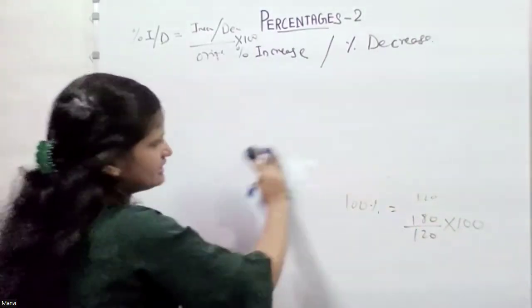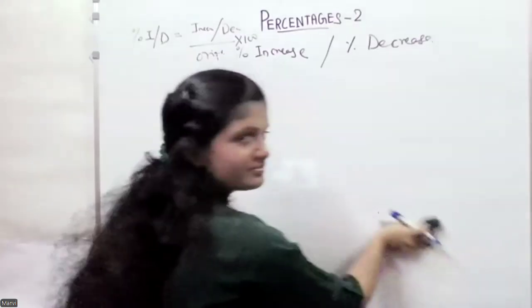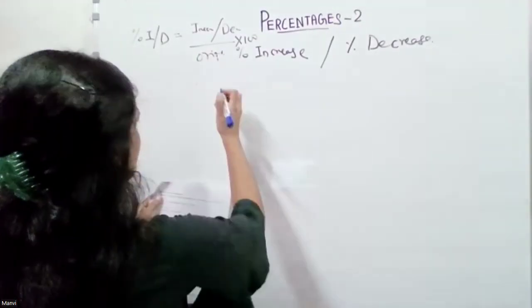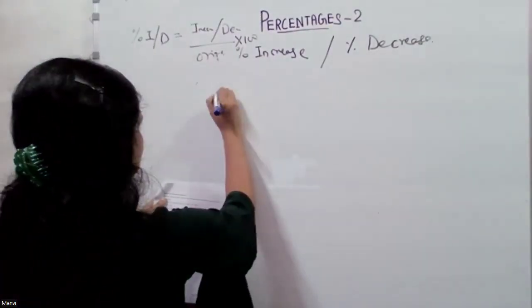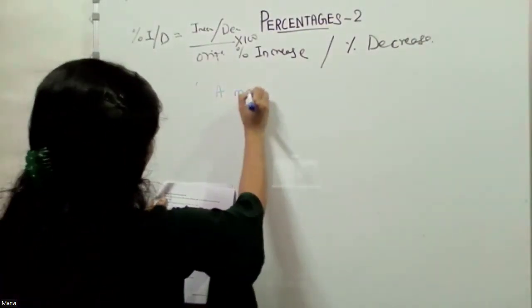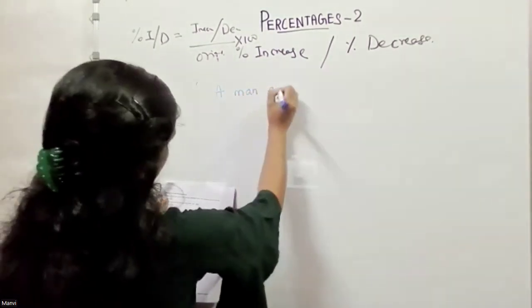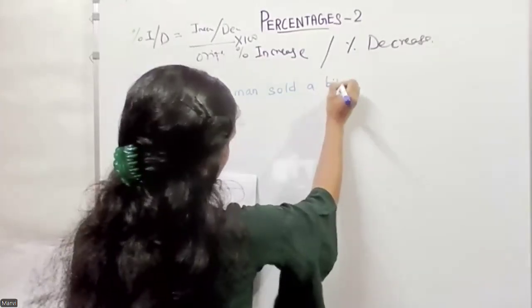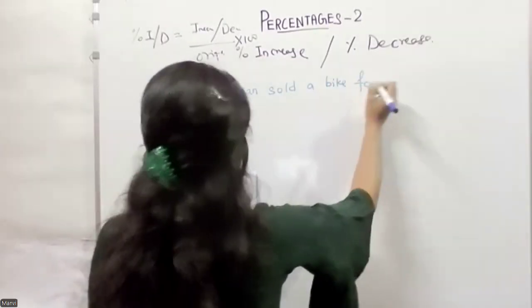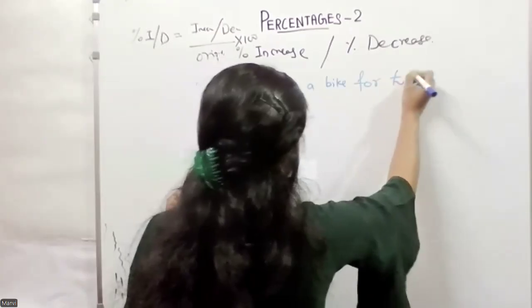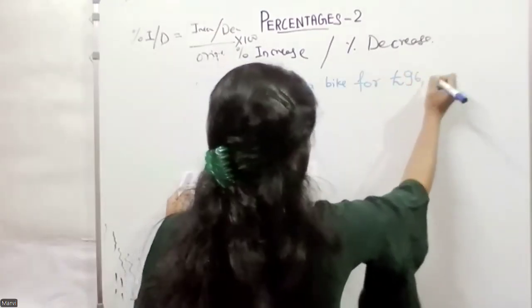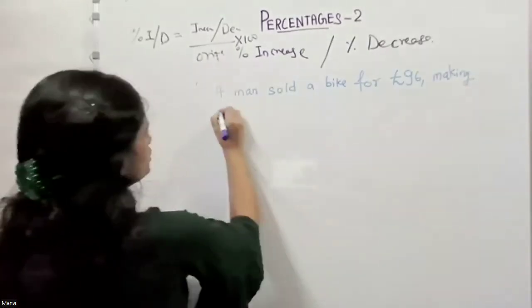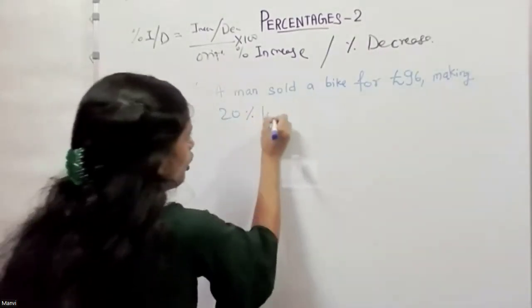Don't open your sheet, please. I'm not looking at my sheet. A man sold a bike for 96 pounds, making 20% loss.